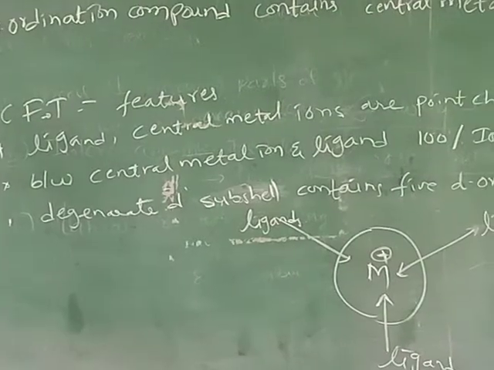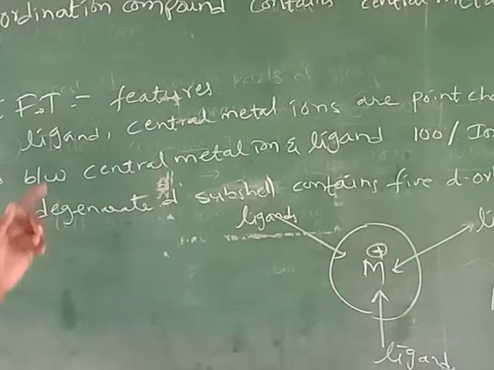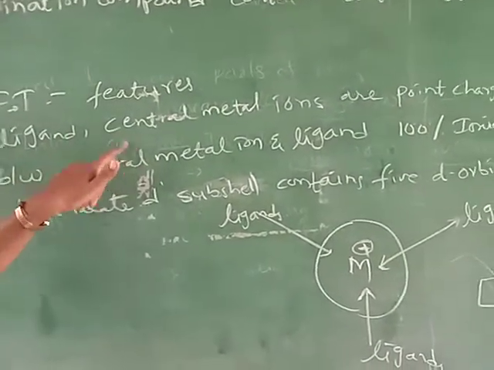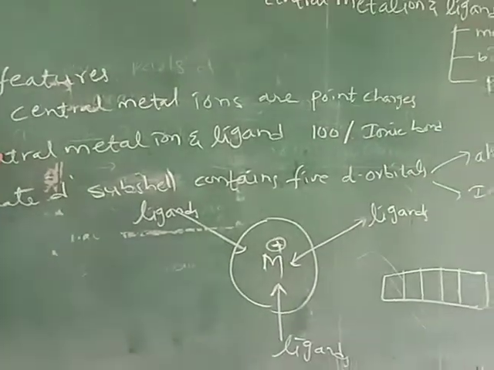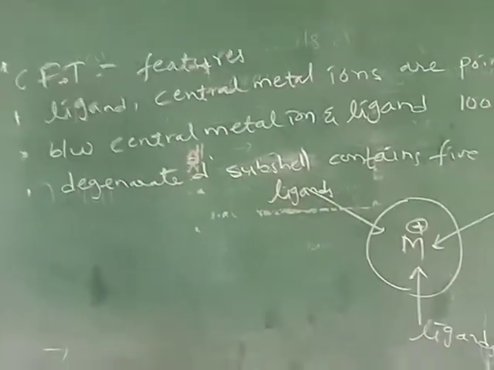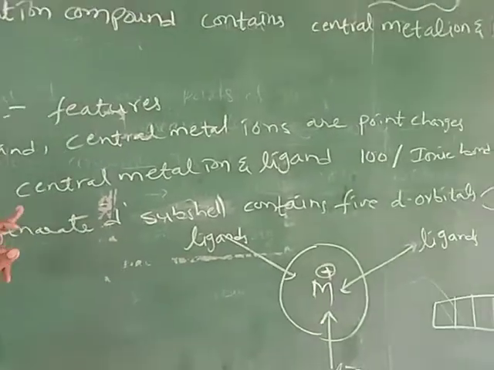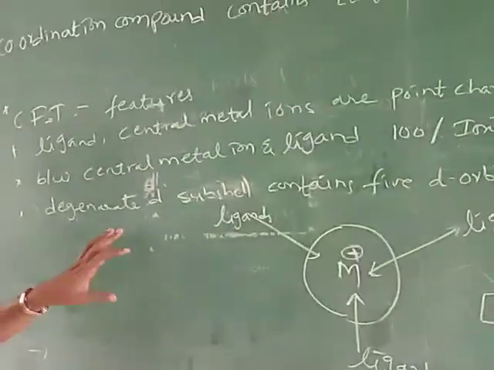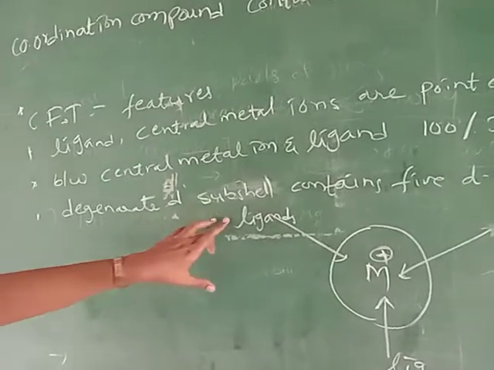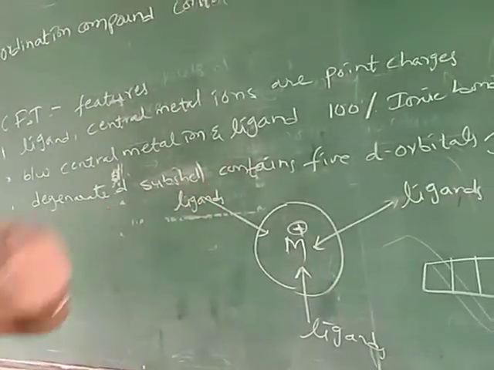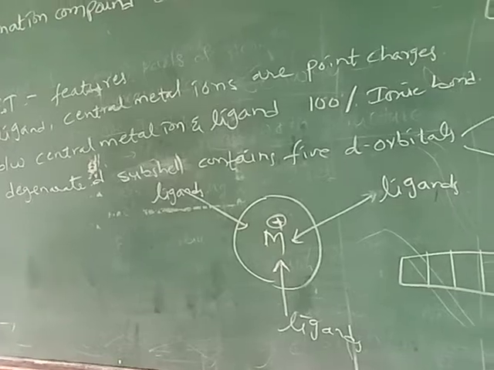Next, between the ligand and central metal ion, the ligand is negative and the central metal is positive, so an attraction force is present between them. And next, the degenerate d subshell contains total 5 orbitals, present along the axis and in between the axis.